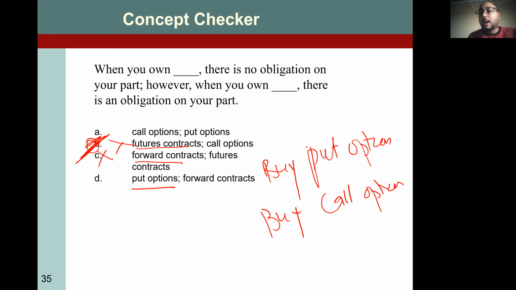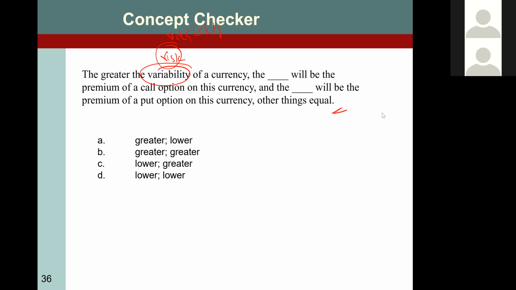Which one is the answer? Rujier? I think D. Is it D or B?